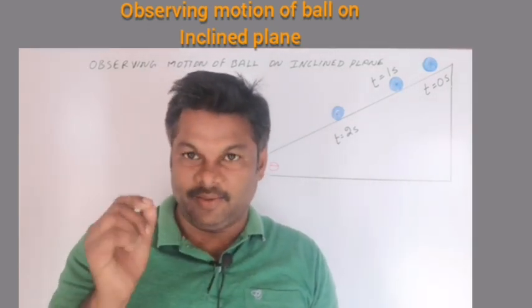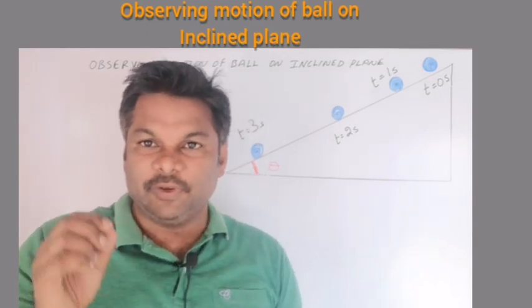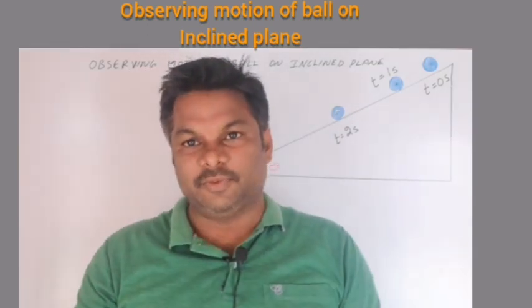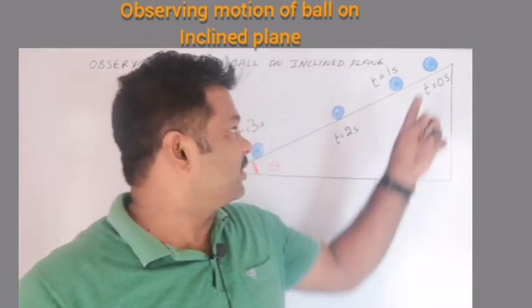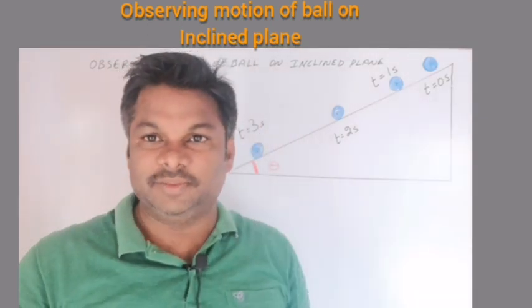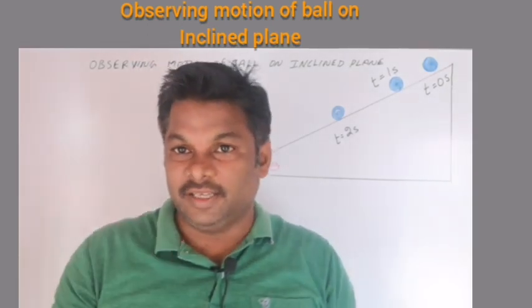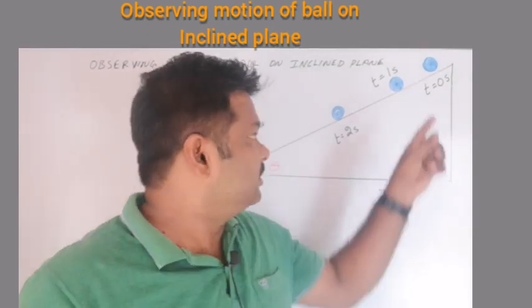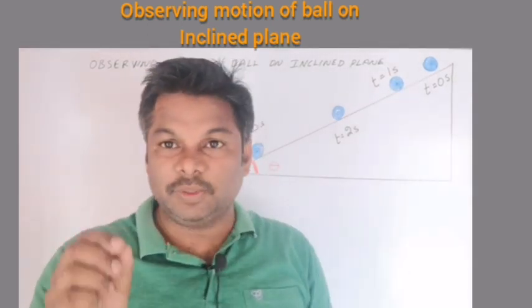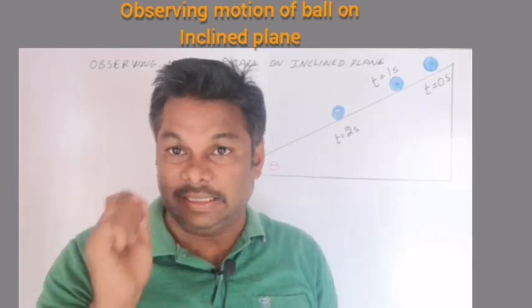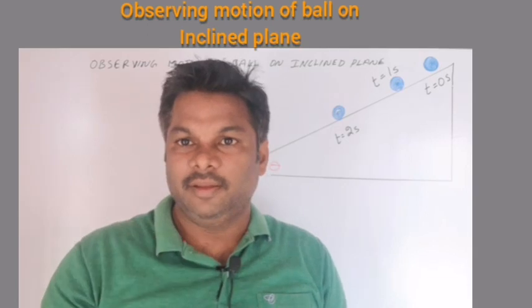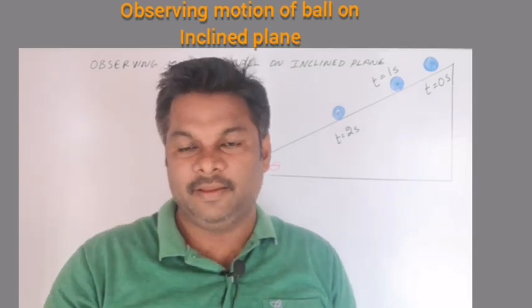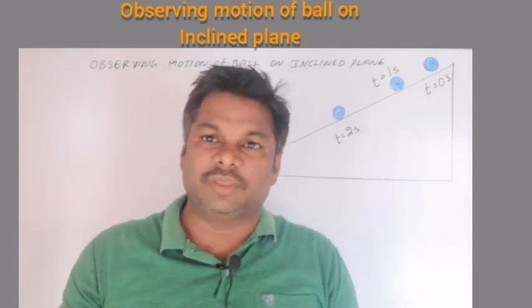Okay, I will explain one more thing. If you are not applying any external force, what is the need for that ball to roll down? Why should it come down if no external force is applied? Why was this question raised?